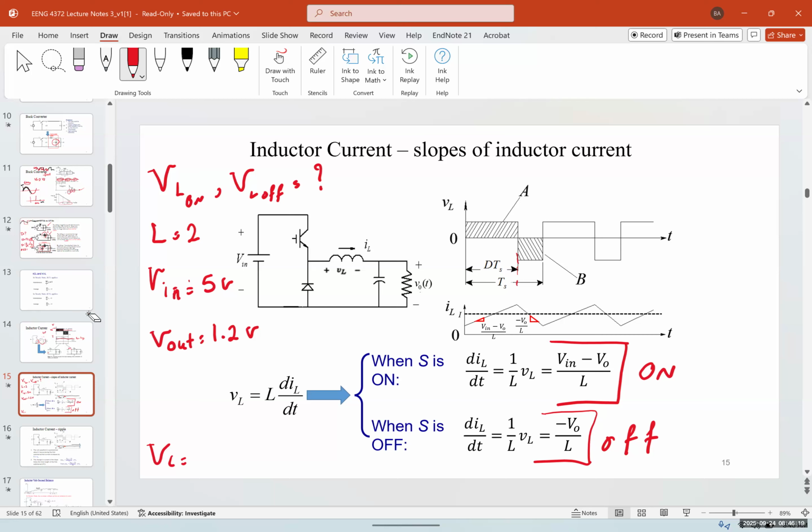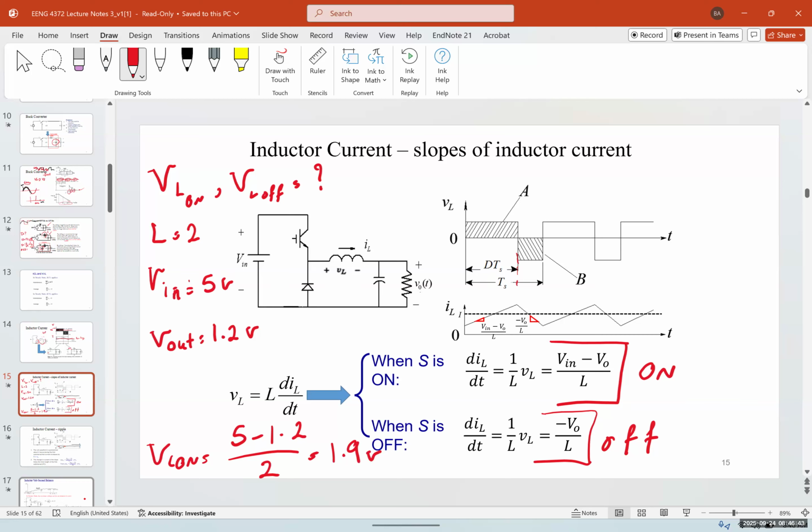So where is it when VL is on? Yeah, I think it's going to be Vin, which is 5, minus Vout, which is 1.2, over L, which is 2. So 5 minus 1.2 gives us 3.8, divided by 2 is 1.9.